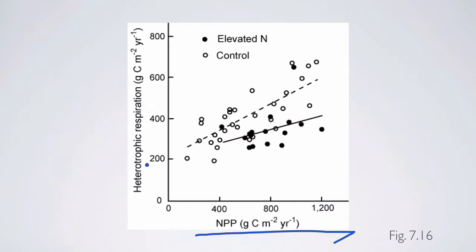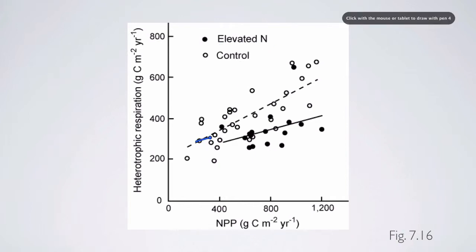On the y-axis, we have heterotrophic respiration from the soils, grams of carbon per meter squared per year. Some of the forests were measured under control conditions and some of them under elevated conditions. And if you take a look at the control respiration rates, there's a certain ratio between how much carbon is respired to how much net primary productivity there is.